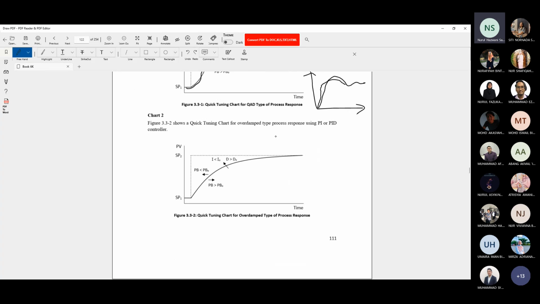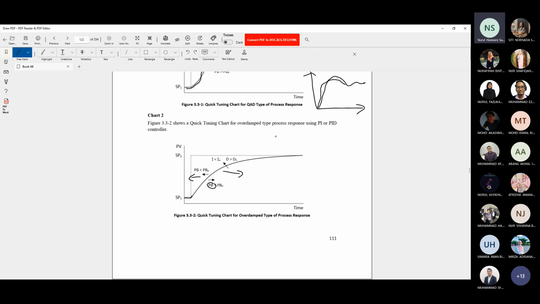Okay, so let's say you want to do tuning, that means after you do set point changes, you need to change the value of P, I, and D. For this kind of chart, if you increase the value of PB greater than the original value of PB, the graph will move to the right. For the PB lesser than PB naught, the graph will move to the left.